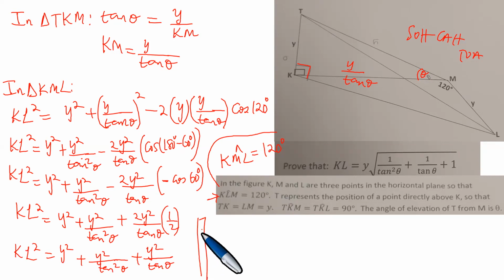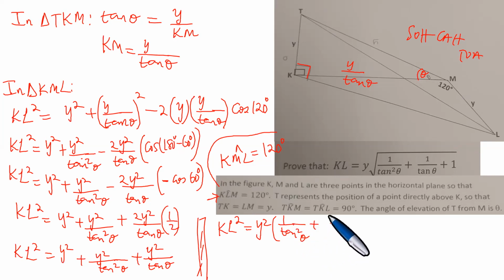We divide the whiteboard so that we can proceed further to the right-hand side of the board. Now we clearly see that there is y squared, y squared, y squared, which is therefore a common factor. With that common factor, we have 1 over the tangent squared of theta, and then we have 1 over the tangent of theta plus 1.